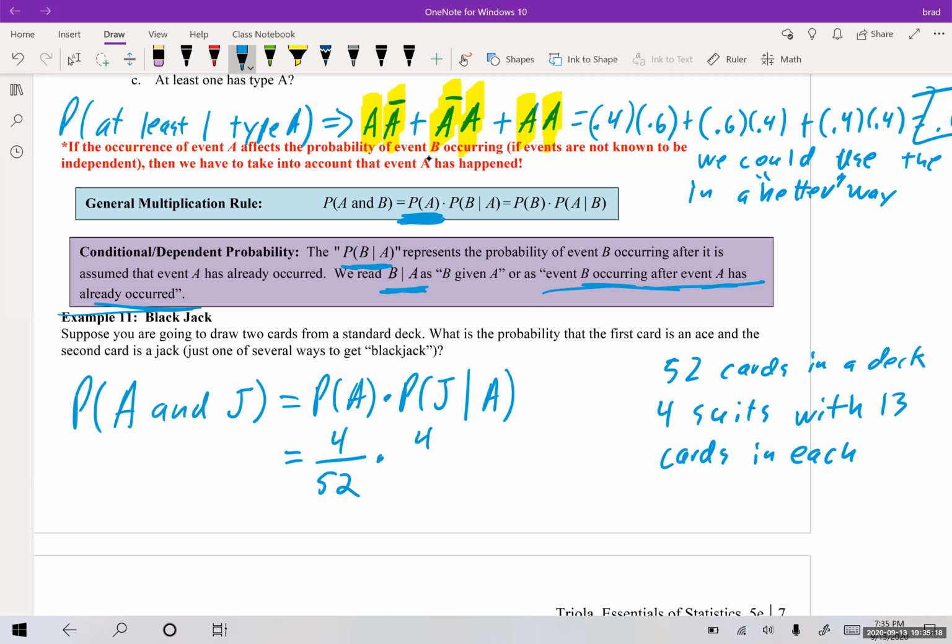There's still 4 jacks, but how many cards are left in the deck? Think about that. You took one out, so there's only 51 now. This means you have adjusted your probability. This is now dependent. You are showing that you know how to deal with dependent. I'm just going to do a little cross canceling. This is a 1, this is a 13. And then we end up with 4 over, and let's do 13 times 51.